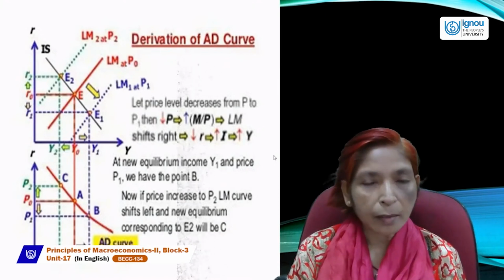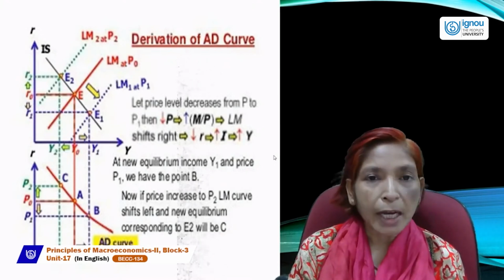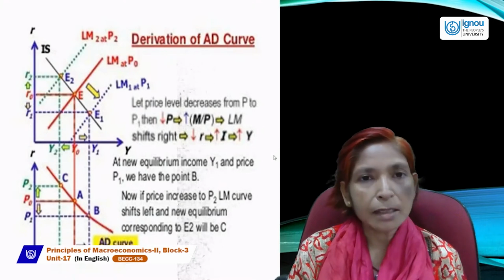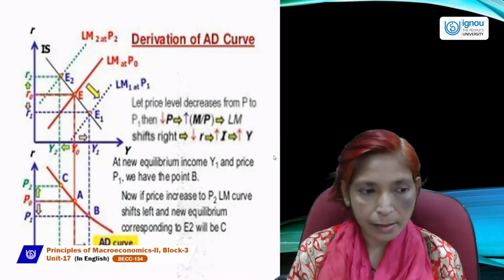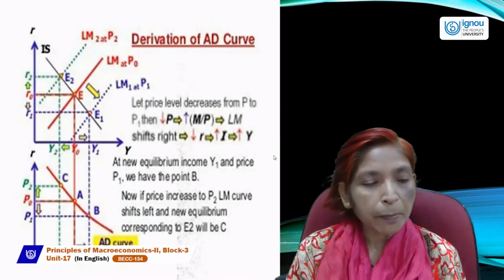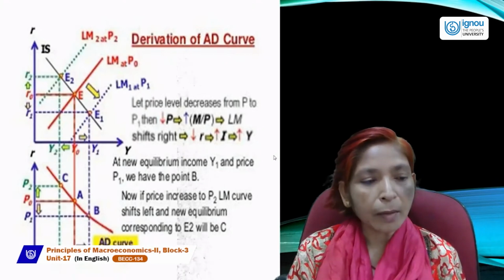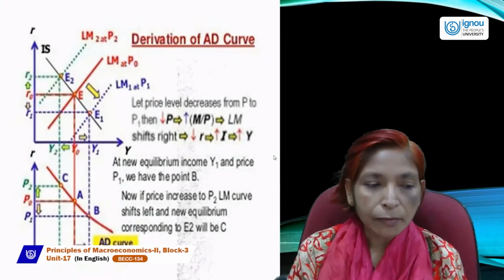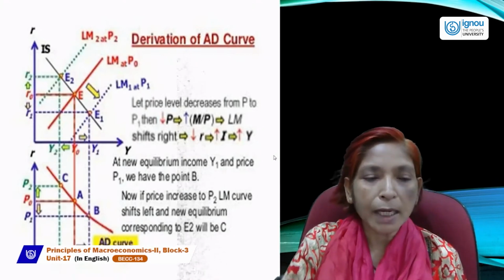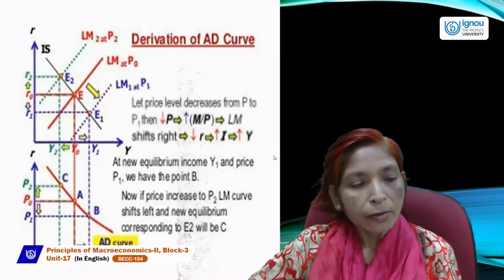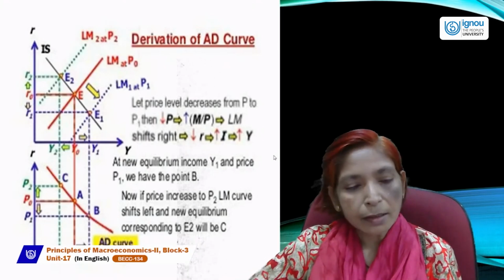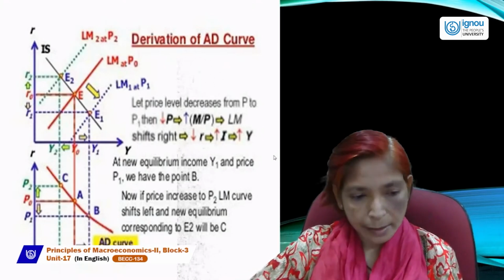On the other diagram, we have written price on the y-axis and income on the x-axis. When price rises, quantity demanded or income will fall. When price falls, demand rises, and due to a further fall in the price level, demand will further rise.